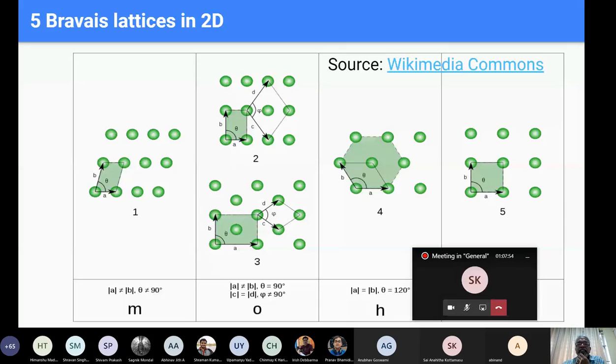But now you can imagine the kinds of possibilities that you can get when you have special values for A, B, and C, and special values for alpha, beta, and gamma. Of course, the one that we would be spending some time on is a special situation where A, B, and C are all the same, and alpha, beta, gamma are all the same and 90 degrees. And what you end up with is a cube.